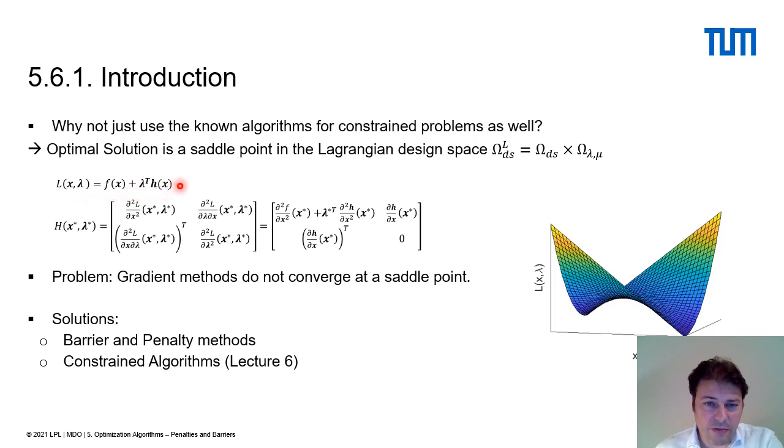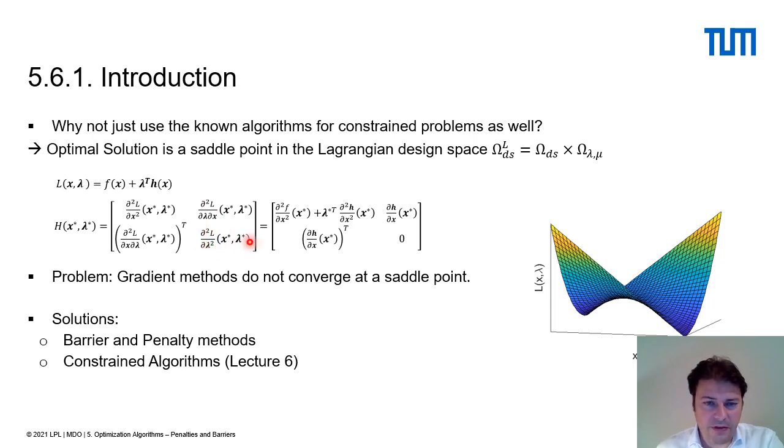We can show this by looking at the definition of the Lagrangian function and taking the second order derivatives to build the Hessian matrix. Second order derivatives with respect to the design variables x, and mixed derivatives with respect to design variables and Lagrange multipliers, and second order derivatives with respect to the Lagrange multipliers.